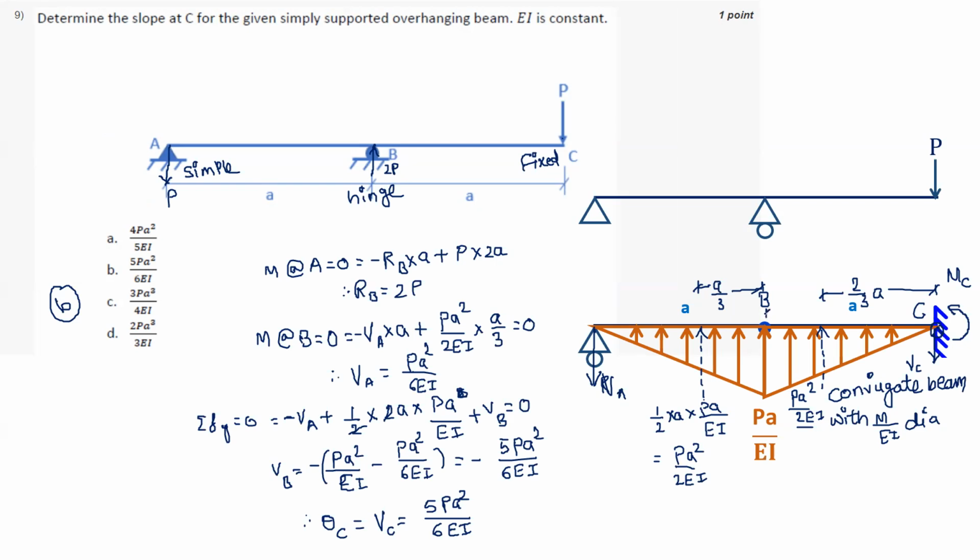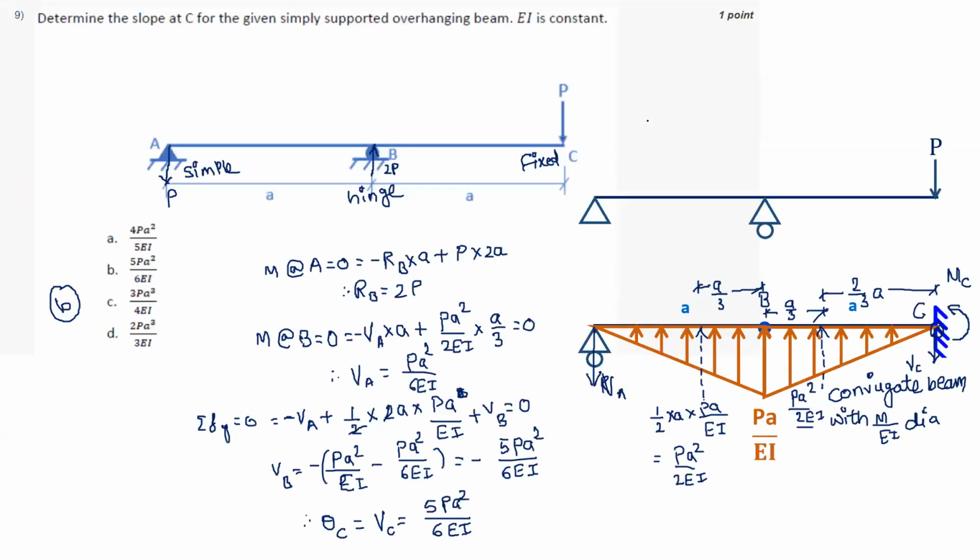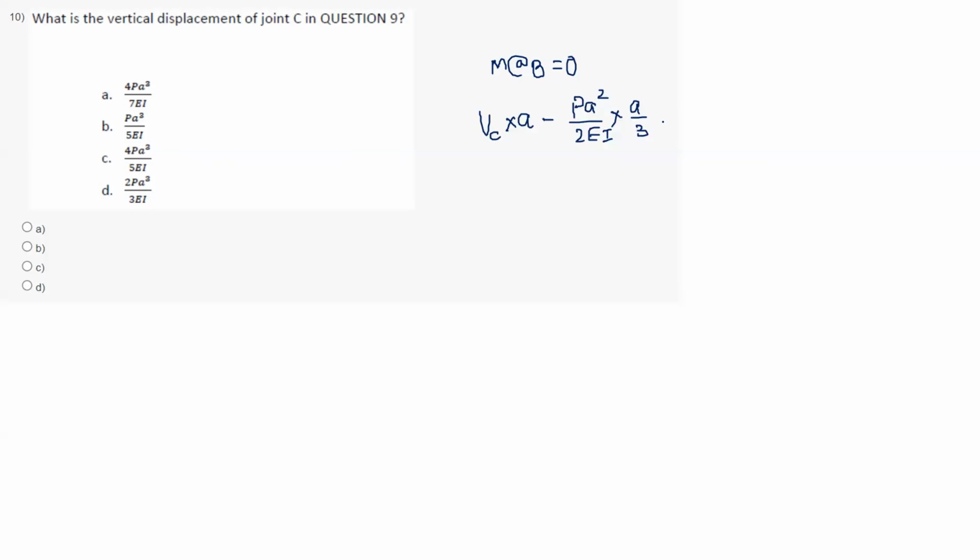Moment we are taking about B, so it acts at A by 3. So we have into A by 3. The reaction is plus, this will be minus, and minus MC equal to 0.